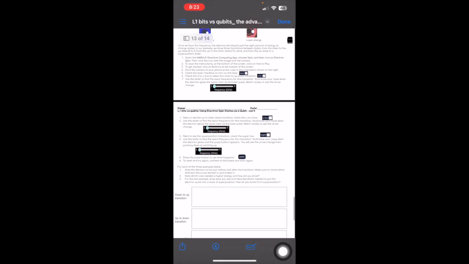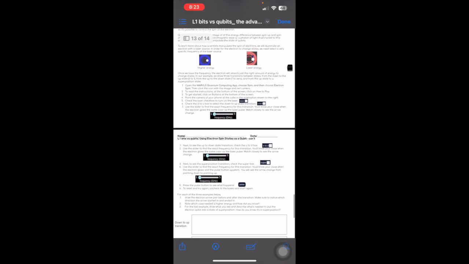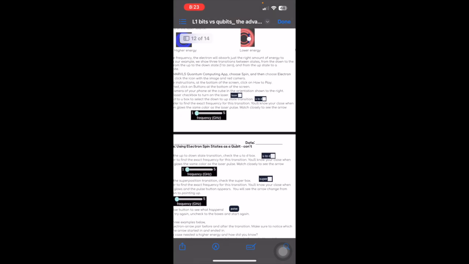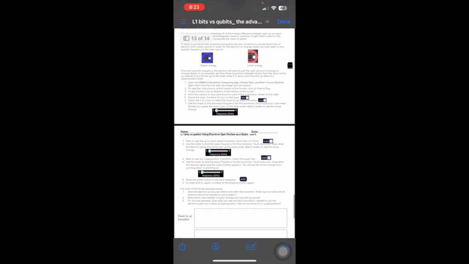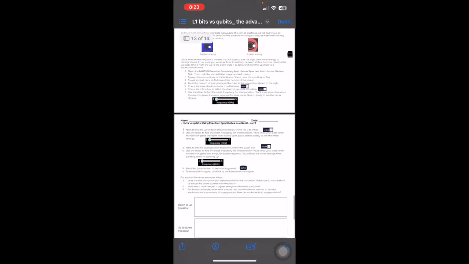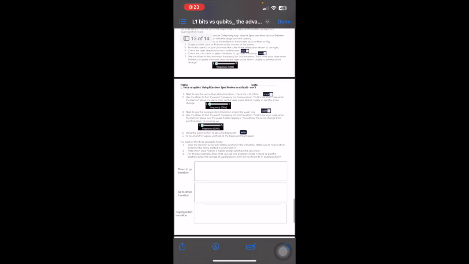It's asking us to change the frequency, to choose whether the laser's on or not, whether to choose the up down or the down up state here, and whether to choose superposition. And then here we can see how to pulse when we get to superposition. And then students are asked to draw what happens for the down to up transition and each of the other transitions. So let's take a look at that one.